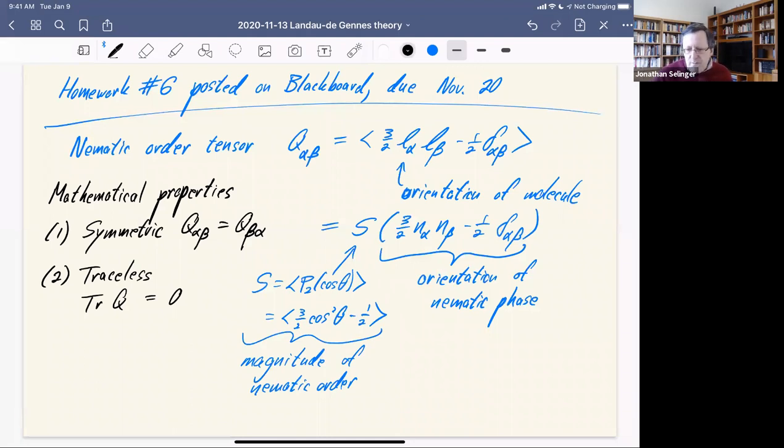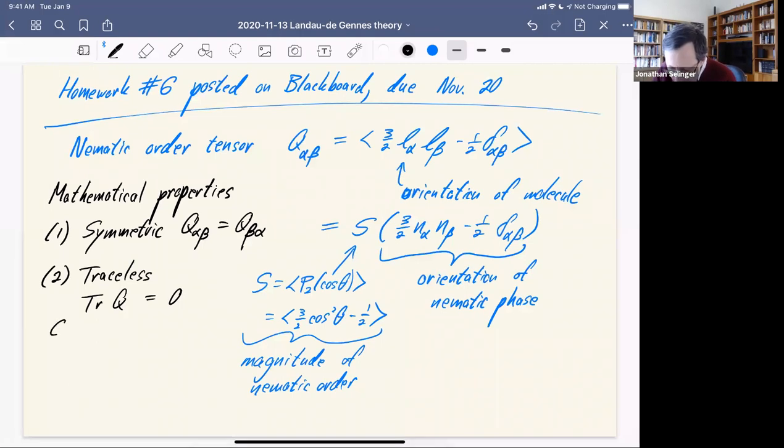The trace corresponds to what's happening in the isotropic phase, and we intentionally subtracted off what's happening in the isotropic phase so that we could distinguish between nematic versus isotropic. One way we could check this is to calculate the trace explicitly.